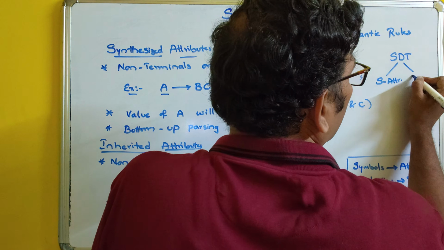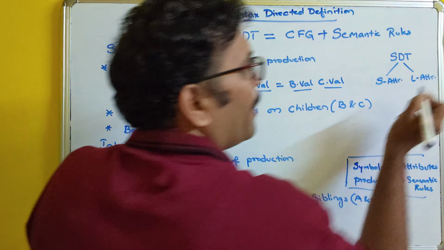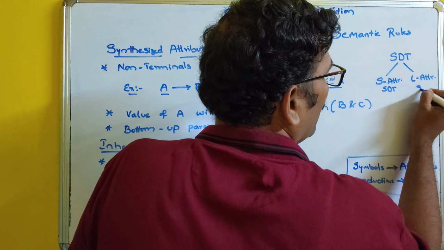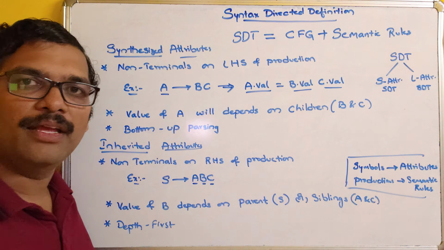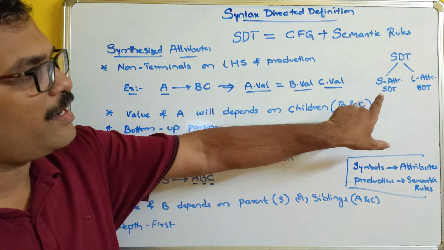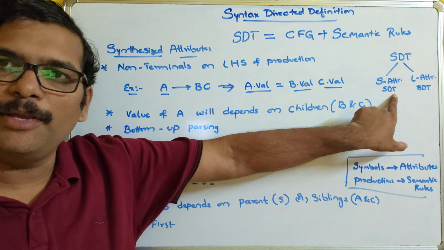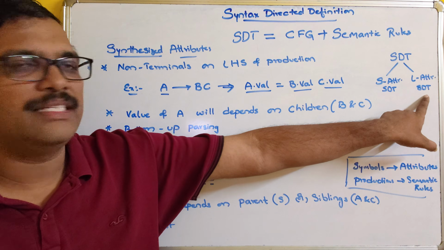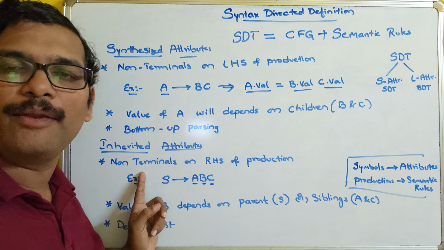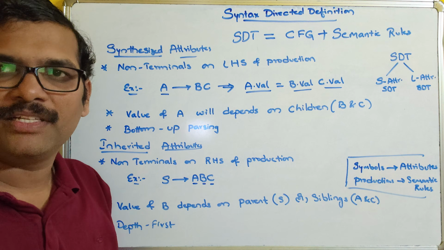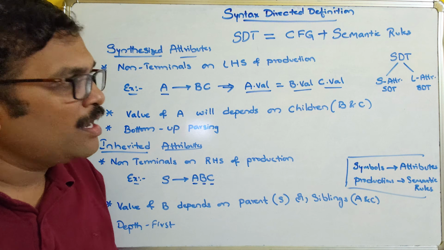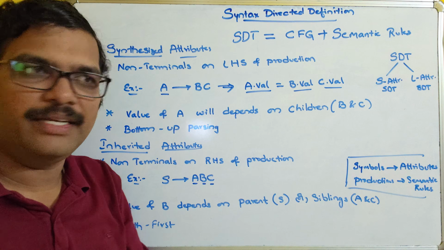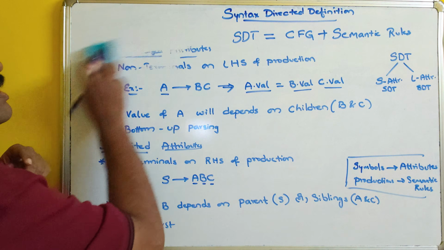The name itself indicates that S attributed SDD will use synthesized attributes, and L attributed SDDs will use inherited attributes with some sort of constraints. Now we'll see what S attributed and L attributed SDDs are.